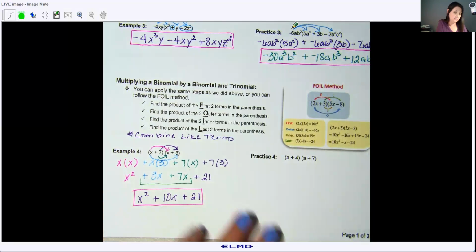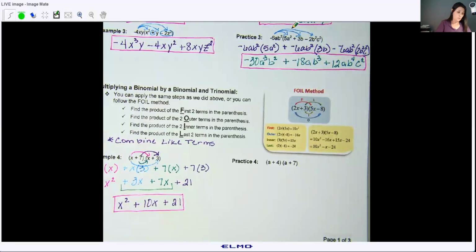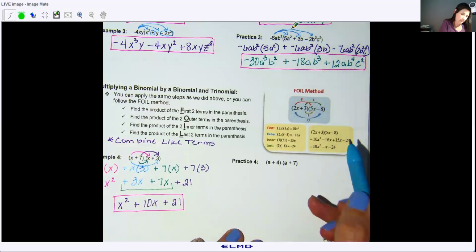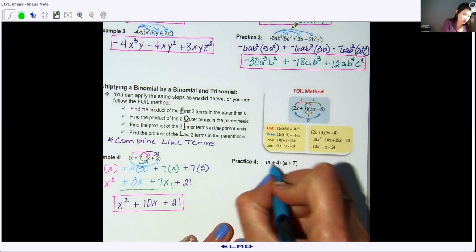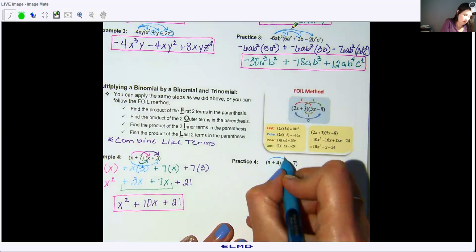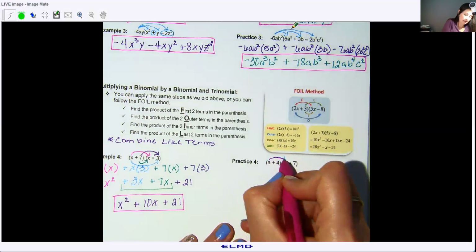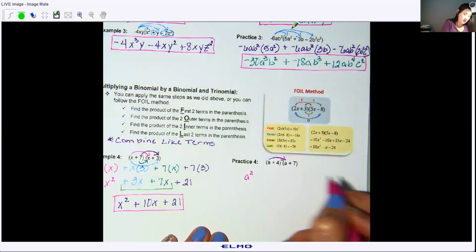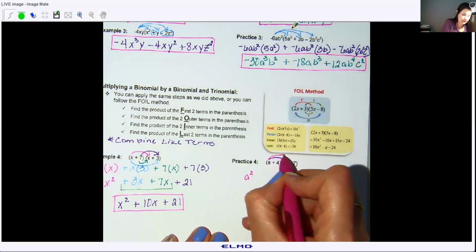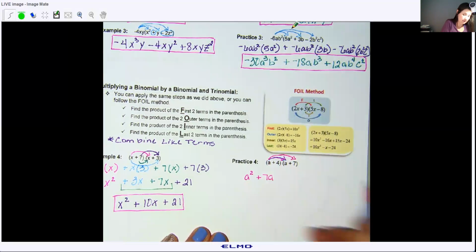Okay, all right, so let's go ahead and try the practice problem. We are going to start distributing. So we're going to go with the first two terms, a times a, which is a squared. And then a times 7, which is 7a.